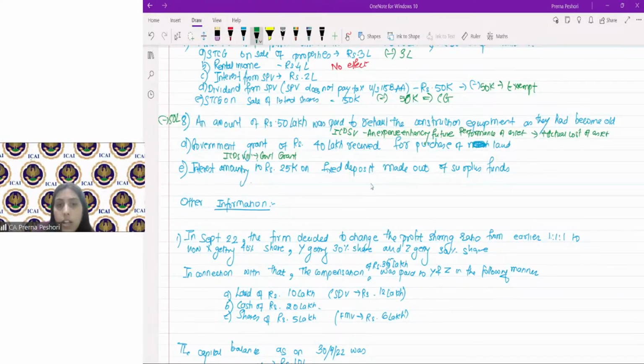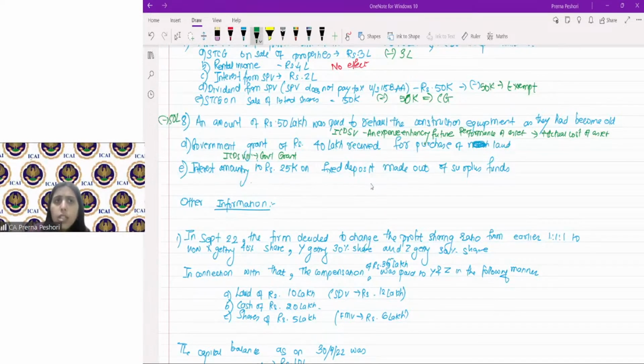ICDS 8 says, where the government grant relates to a non-depreciable asset, then that amount, the grant, will be recognized as income over the period over which the cost of meeting the obligation with which the grant is received is charged as the expense.